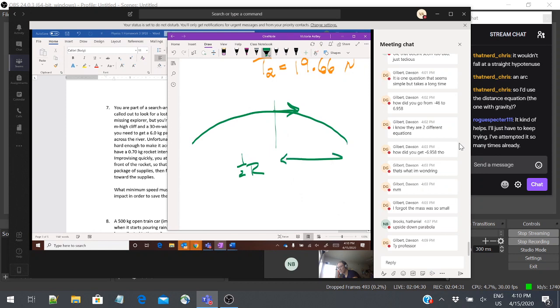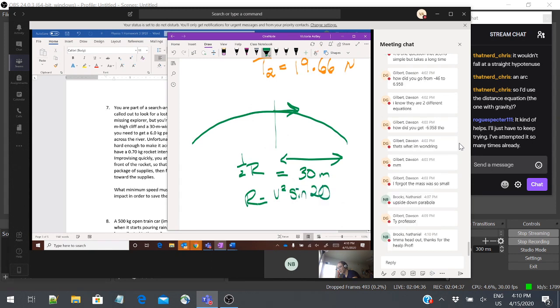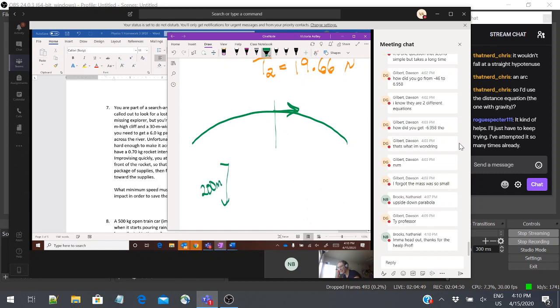So the 30 meters is half the range, and your range would be v squared sine 2 theta over g. But you don't know theta, so never mind. That's not a good plan. I would just think about it like this: you drop it off the cliff. How long does it take to hit the ground? That's how much time it takes to go the 30 meters. So how fast does it have to go?